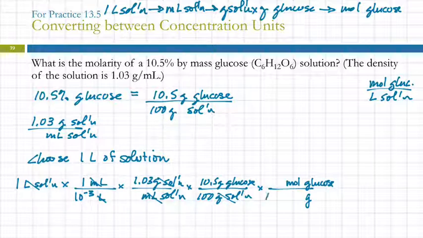That sounds right. So I've got 1 liter divided by 10 to the minus 3 times 1.03 times 10.5 divided by 100 and divided by 180.156.